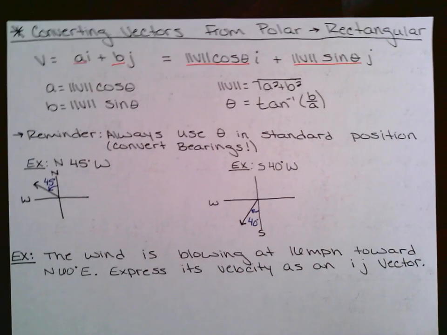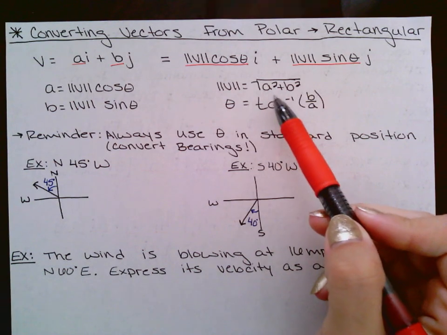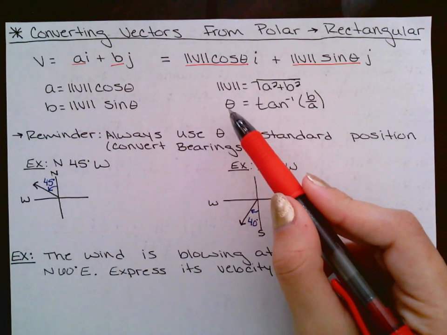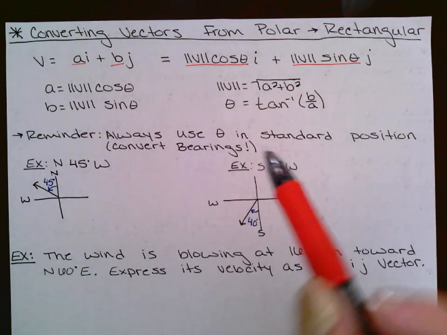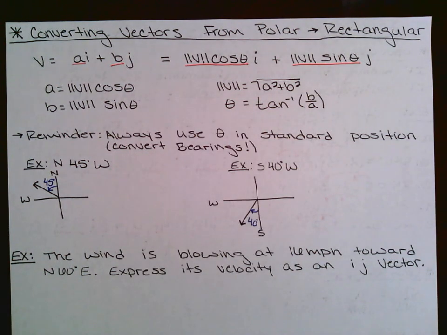If I ever needed it in polar form, I would grab the a and the b to find the magnitude. And then remember, we always find theta. This is old news, inverse tangent of b over a. Again, these four formulas you have seen for the third time in this chapter.